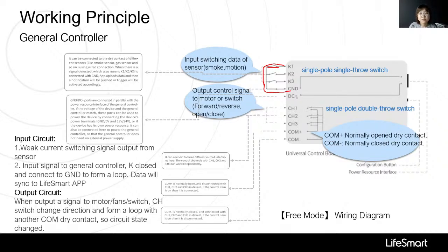And for this part, CH1, CH2, CH3 can connect to control devices, like a motor switch. When the output signal goes to the motor, fence or switch, the CH switch will change direction and form a loop with another COM. So the circuit state will change.